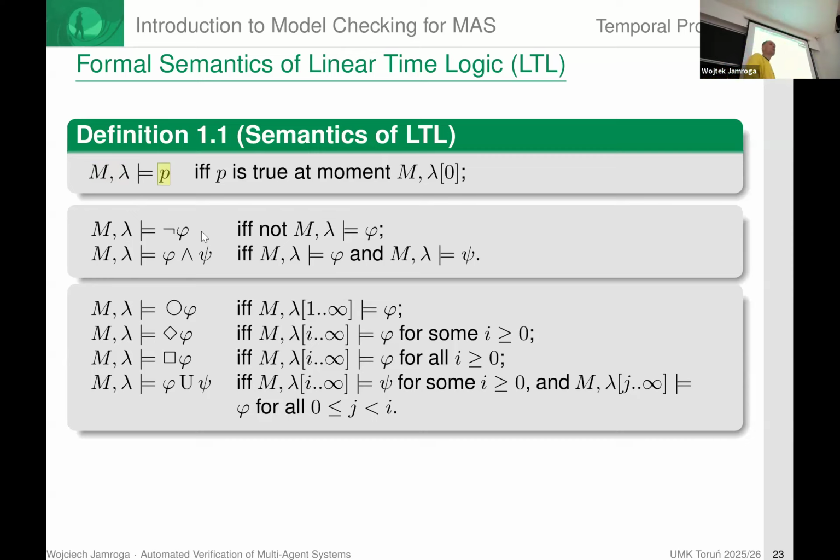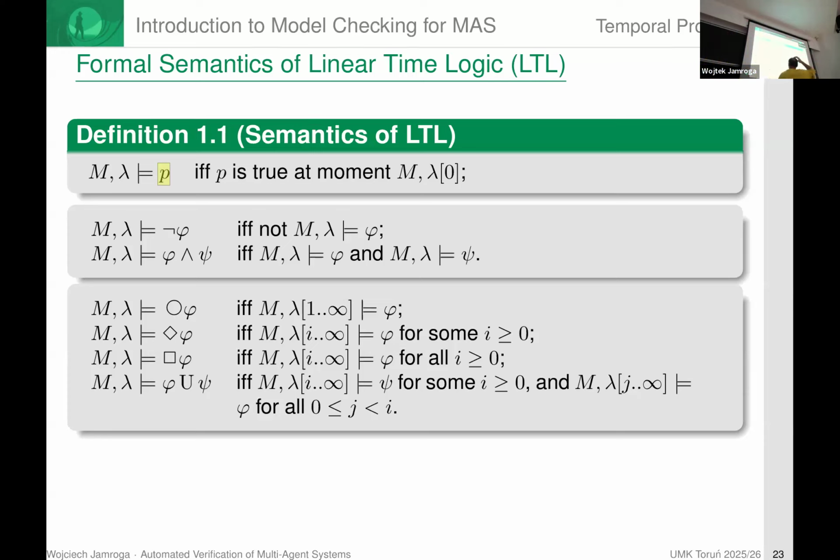So if we talk about an atomic proposition, then we just look at whether the current state in the model, so the initial state of the path, is labeled by this atomic proposition. Okay? Conjunction, disjunction, negation are defined in the standard way.